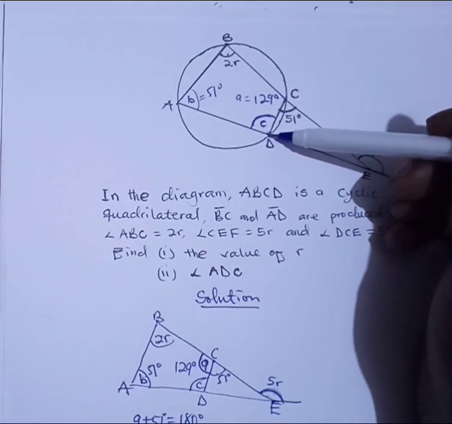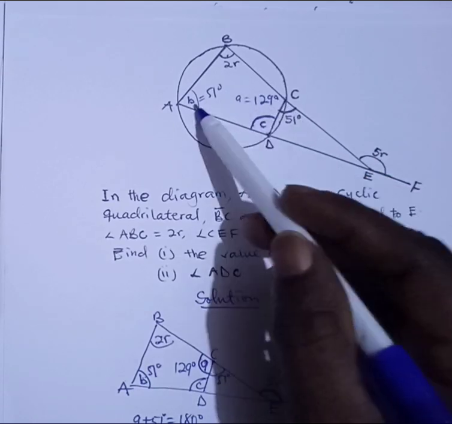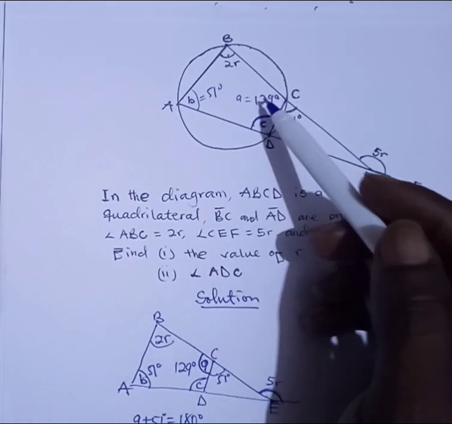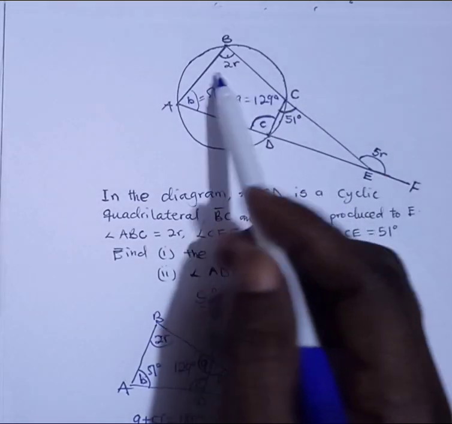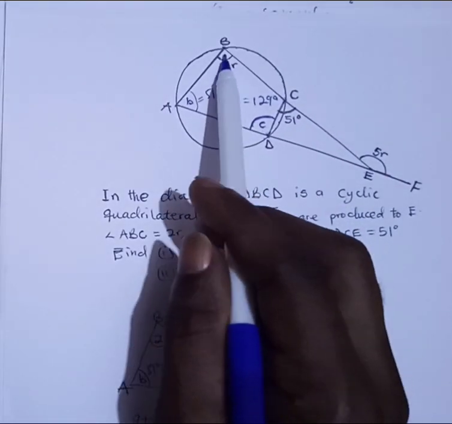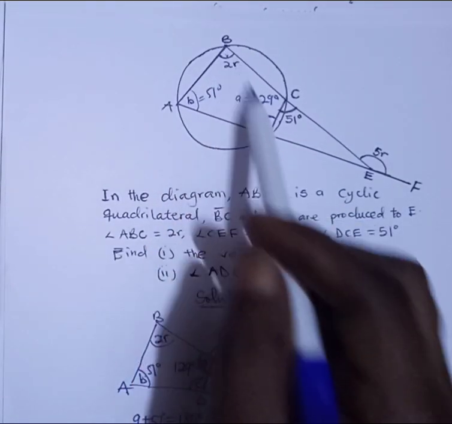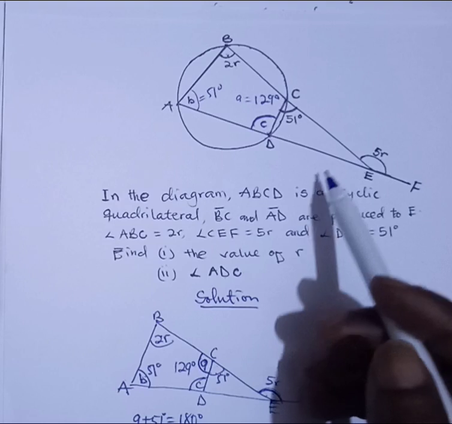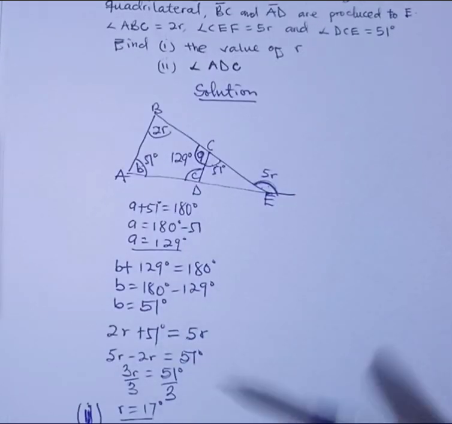So if it is a cyclic quadrilateral, then the same property we used for here still holds for this one as well. So the sum of these two opposite angles will give me what? 180 degrees.